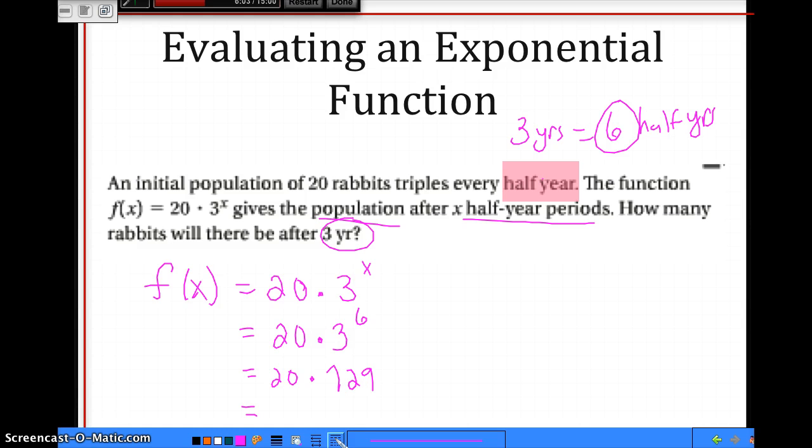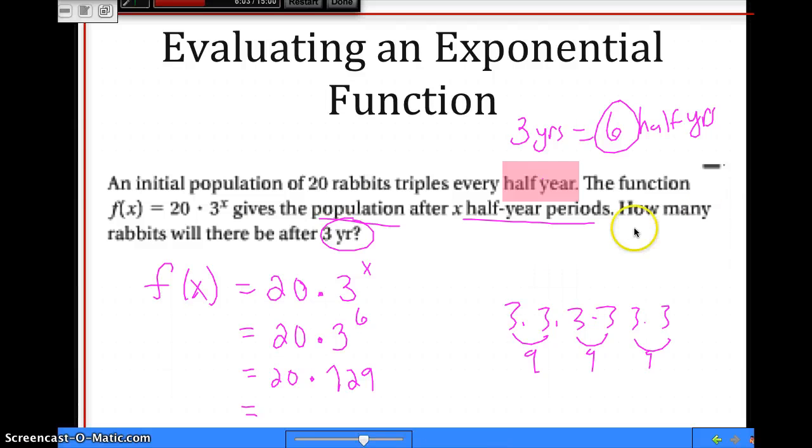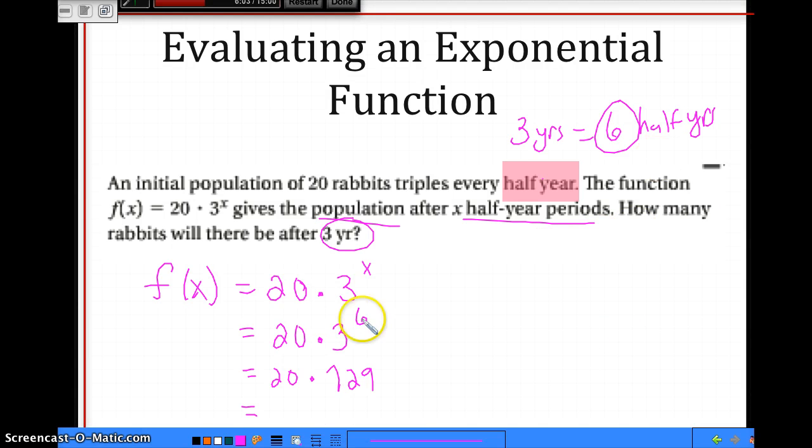Let me do a quick check on that. I did 3 times 3 times 3 times 3 times 3. We've got 9, 9, 9. So really that's 81 times 9, 729. So that does work. Take your 729, multiply it by 20, and we end up with 14,580.